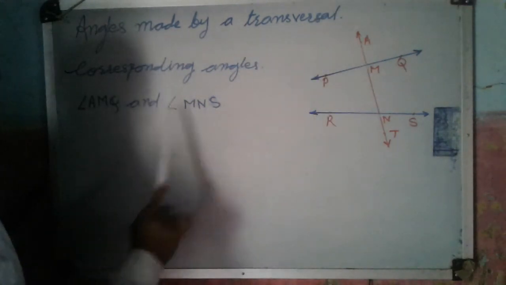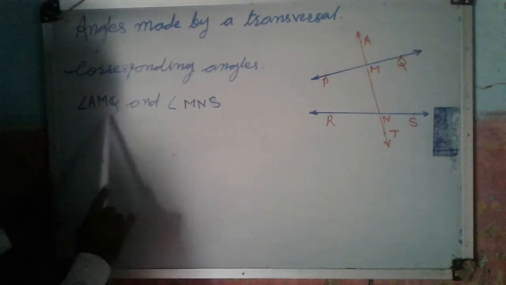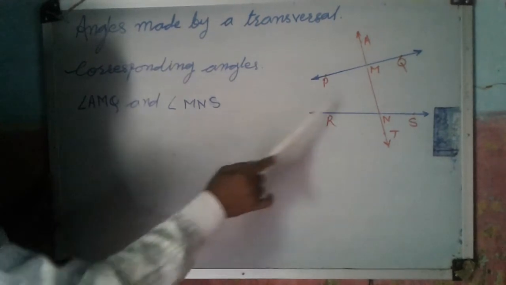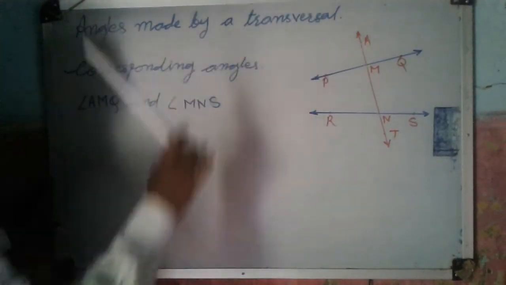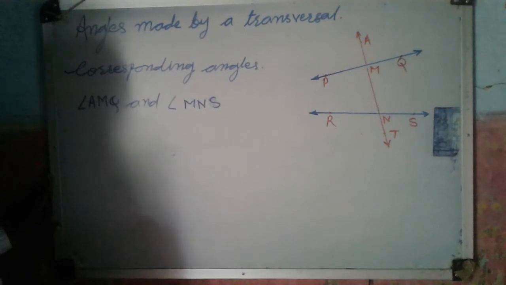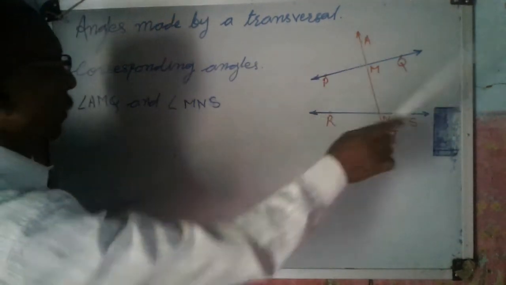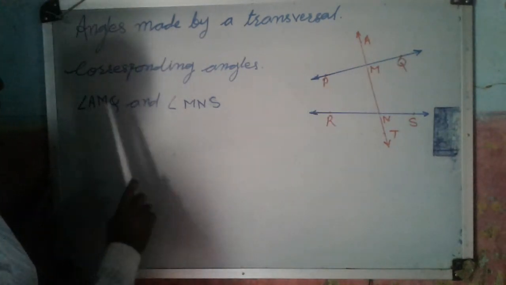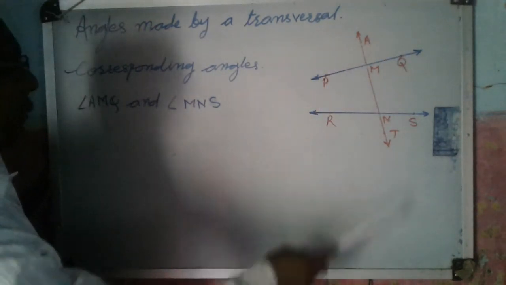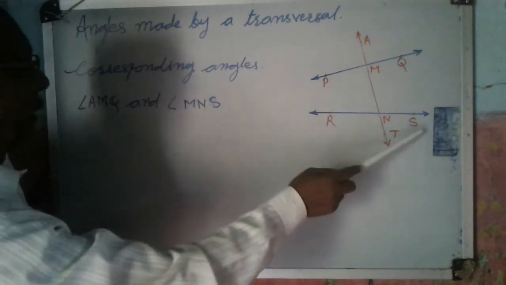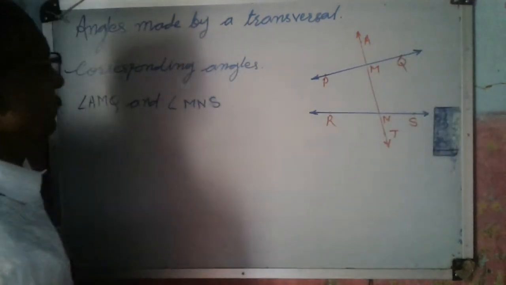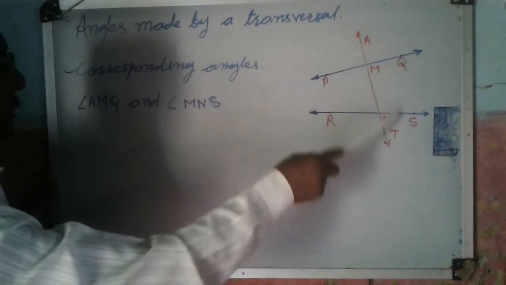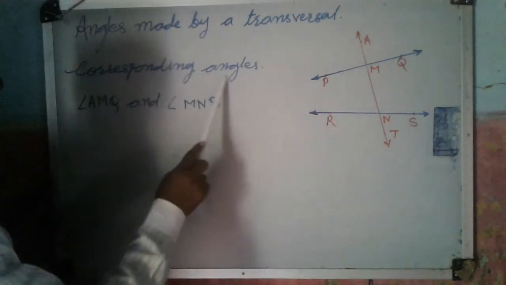That means the arms of these two angles which are on the transversal are in the same direction, and the remaining two arms are on one side of the transversal. That means arm MQ of angle AMQ and arm NS of angle MNS are on the same side, on the right side of this transversal. Such pairs are corresponding angles.